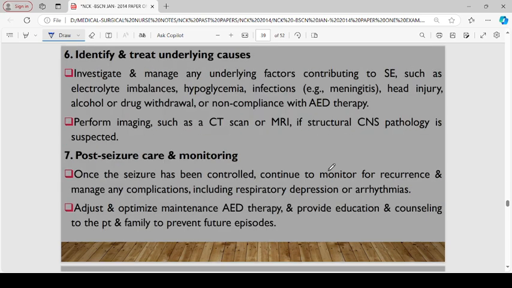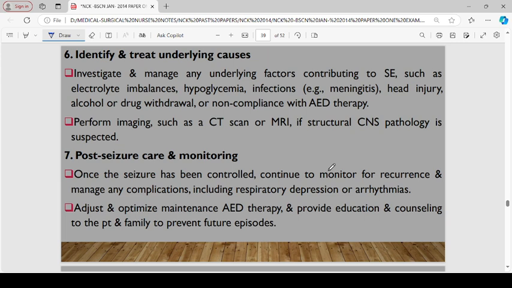You have to ensure that you have investigated and managed any underlying factor contributing to these seizures, such as electrolyte imbalances, hypoglycemia, infections, meningitis, head injury, alcohol or drug withdrawal, or non-compliance with the medications.